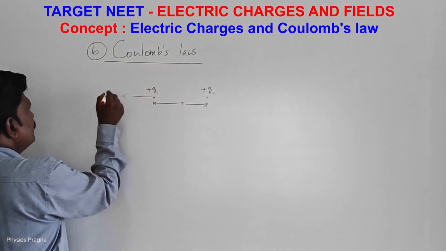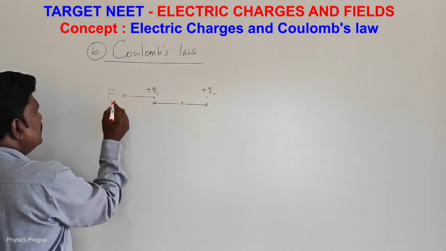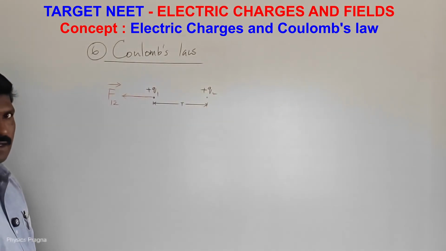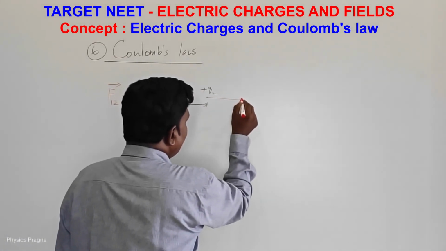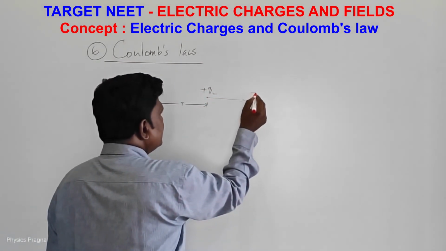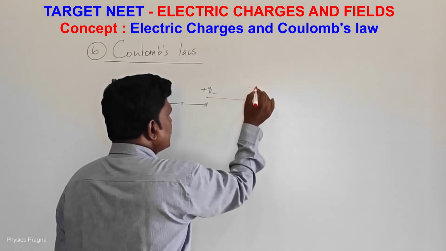So this is the force acting on the first charge due to the second charge. Q2 is also repelled by Q1 in this direction. This is the force on the second charge because of the first charge.